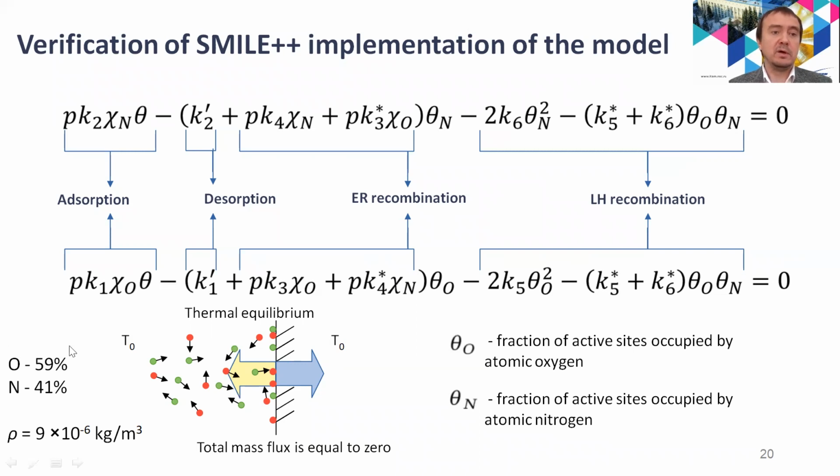So we keep the density and the temperature of this atomic gas constant, and we vary the wall temperature in the course of the computation. For such a formulation, we can write down the balance equation for the different components, for oxygen and nitrogen.